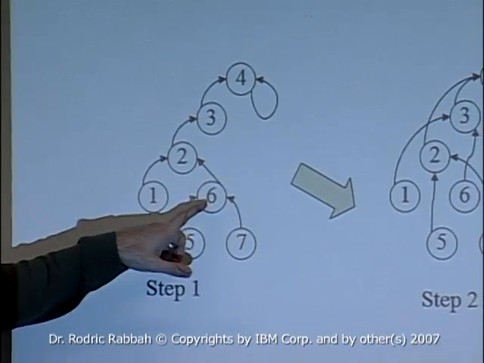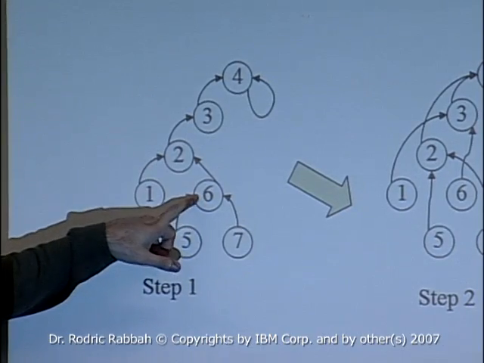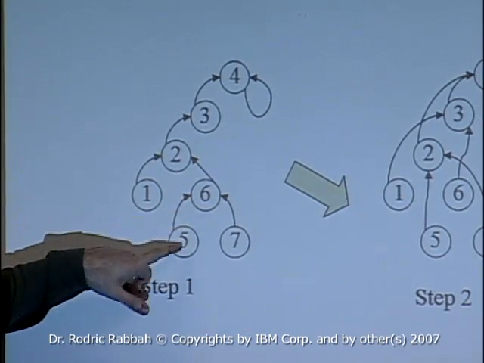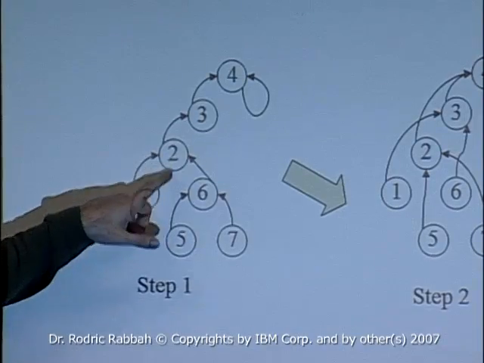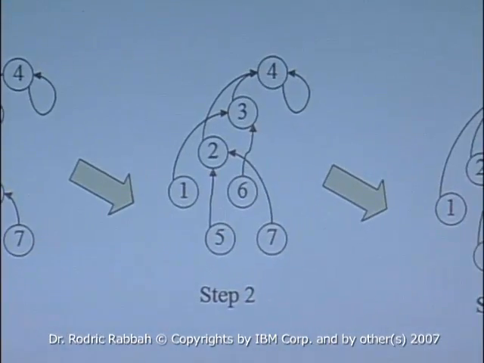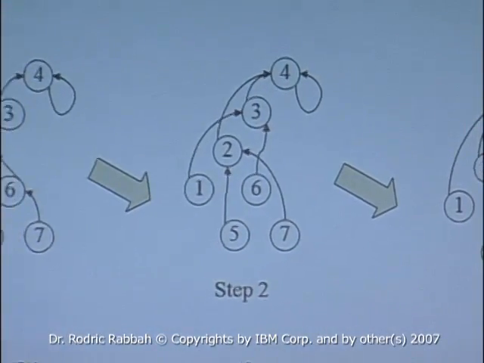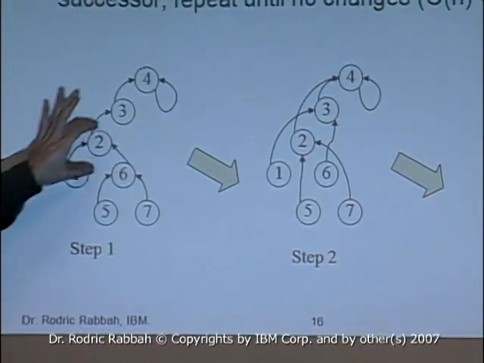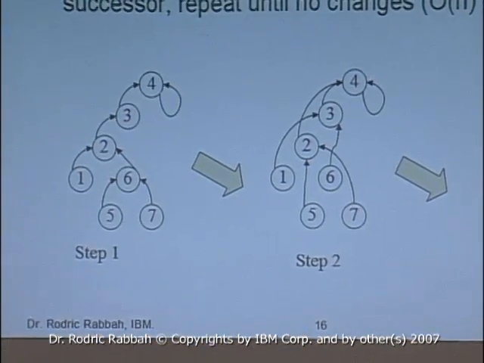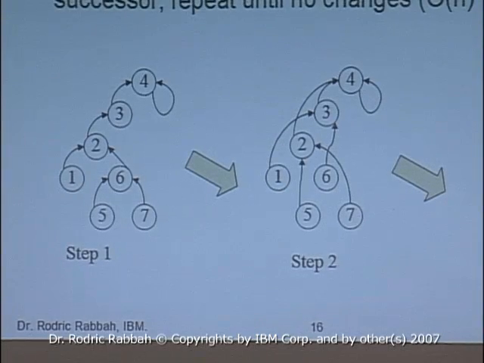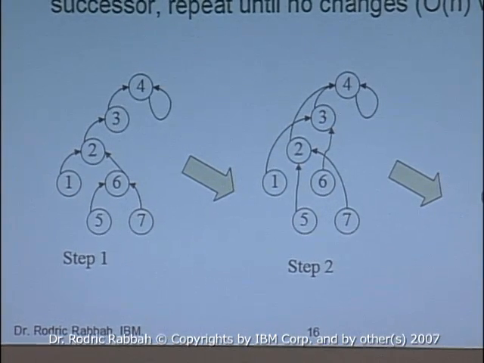So from 5, we can say, who's the successor of 5? And that would be 2. And similarly, you can do that for 7 and so on. And so you keep asking the question. So you can distribute all these data structures, repeatedly ask these questions out of all these n nodes, and it leads you to an order log n solution versus an order n solution. But what have I done in each step?